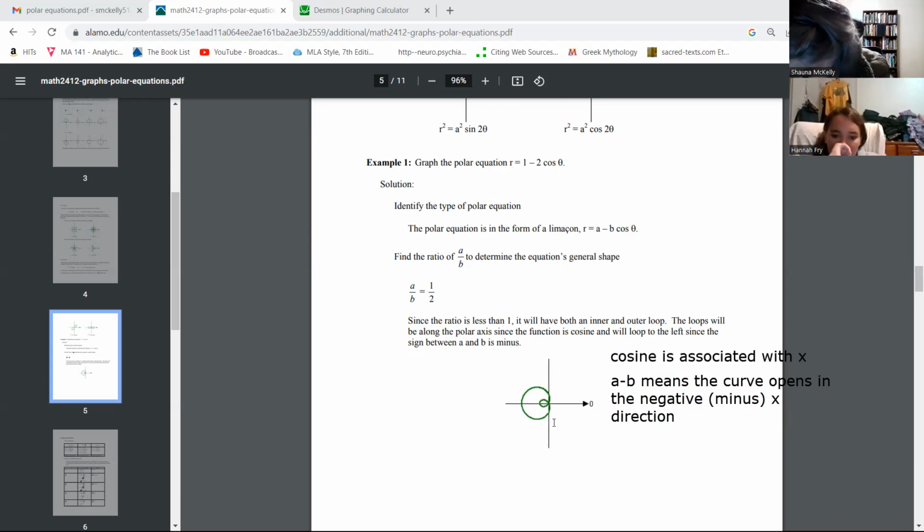Now, how curvy this gets, how much loop it has and whether it loops over or whatever, has to do with the ratios of a to b that I was showing you before. So you really have 4 directions, but I just look and say, well, if it's cosine, it's going to be some x direction. And then I just have to look at the middle. If it's a sine, it's going to be some y direction. And again, I look at the middle. Is it positive or negative? So that's how I do it.